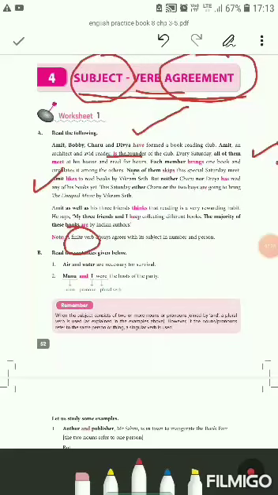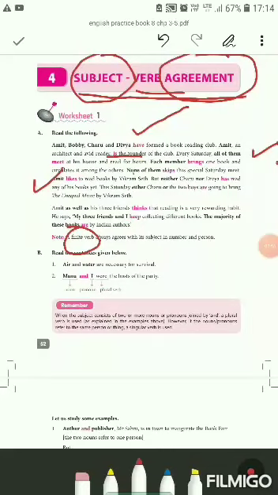Meet becomes met, keep becomes kept, think becomes thought, and whenever the subject is singular, they also change their form. For example, Amit, our subject is singular, so we have used s with thinks. If it is plural, my 3 friends and I, this is a plural subject, so it becomes keep. So they change their form according to the number and the tense.